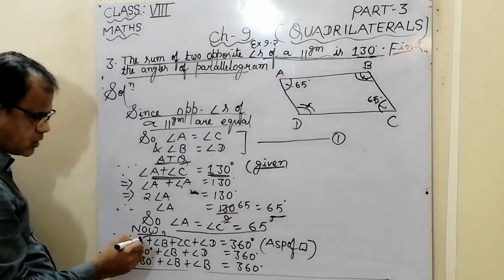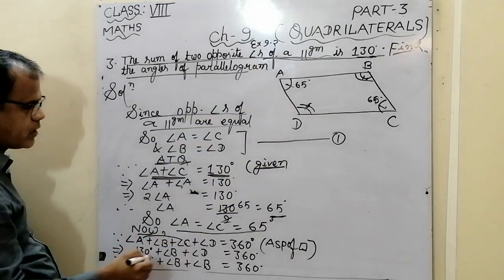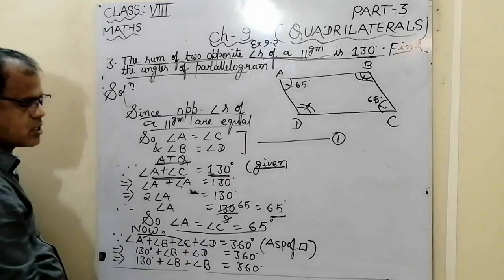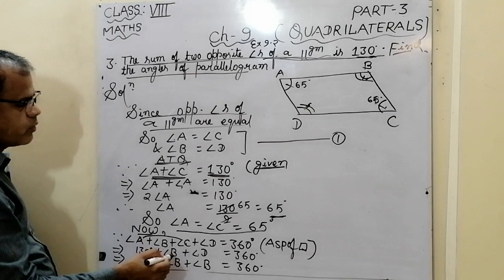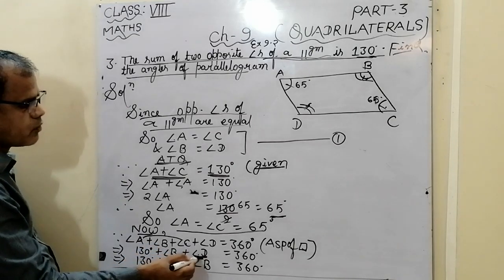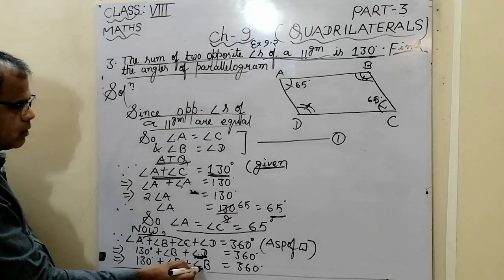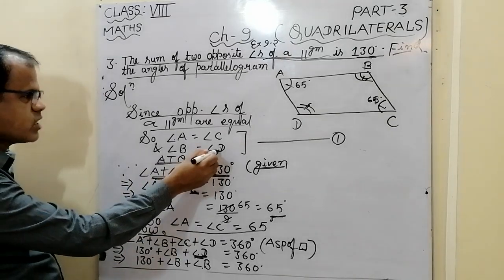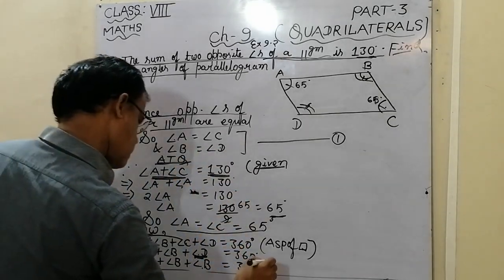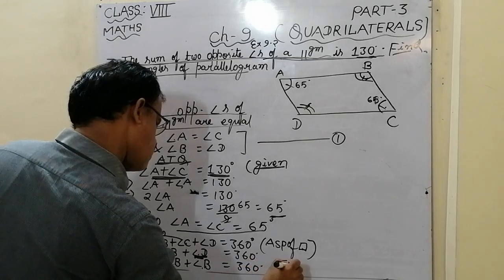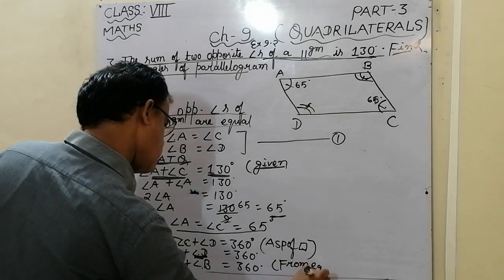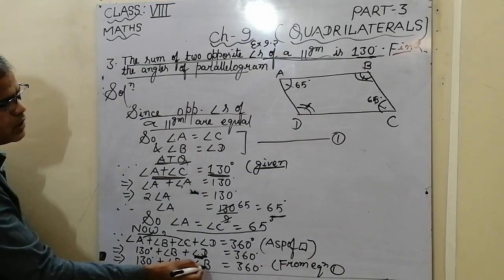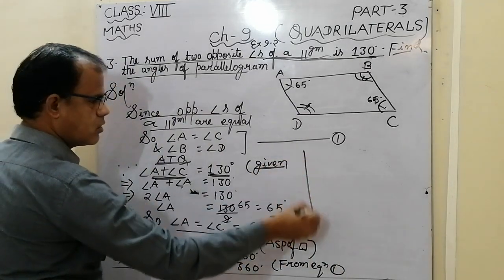So we write 130 degrees, plus angle B plus angle D, equals 360 degrees. We can write angle B in place of angle D, because angle B equals angle D from equation 1. So 130 plus angle B plus angle B equals 360 degrees.